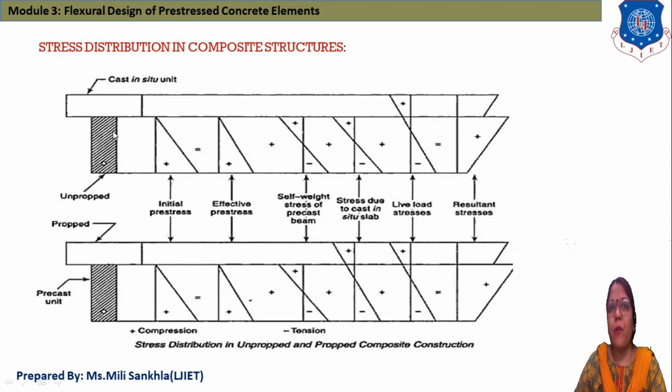Okay, and the web is our precast prestressed, but look at this, it is unpropped. Now what is the stress condition of this T section? First one is the initial stress we apply. Then after initial stress, effective stress is induced. Then comes the condition of self-weight stress of the precast beam.